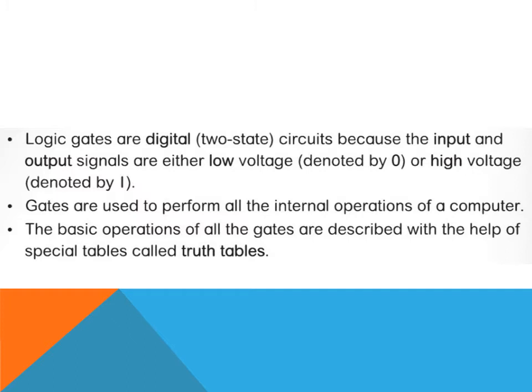For example, in our previous slide, we have already seen that there are AND gate, NAND gate, NOR gate, OR gate. All these gates have their own truth tables. Now, what are truth tables? As the chapter goes on, you will understand it, okay? Don't worry, this is very simple. Once you understand, it will be very easy for you.